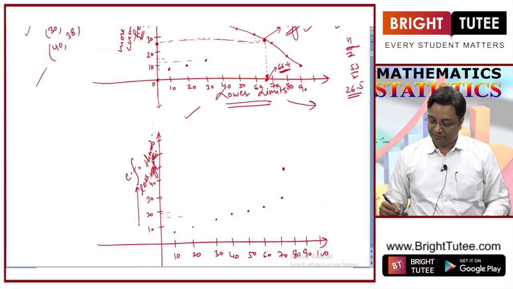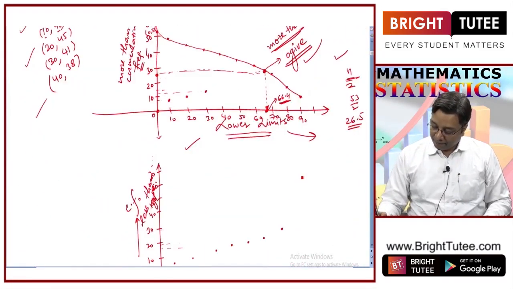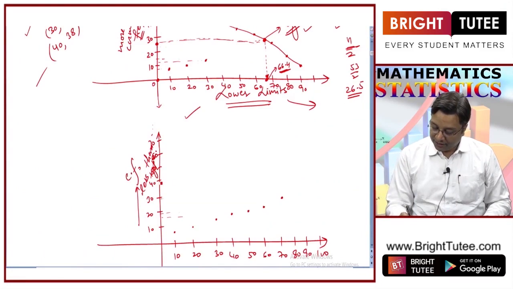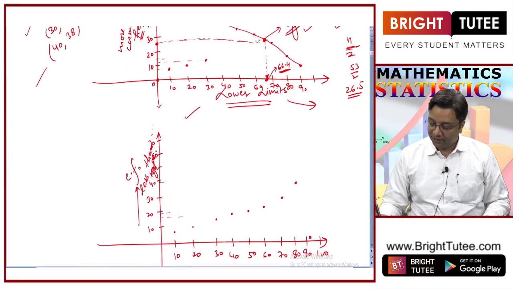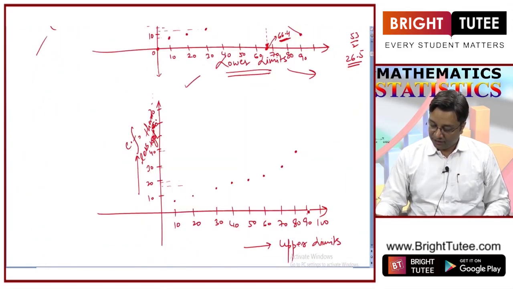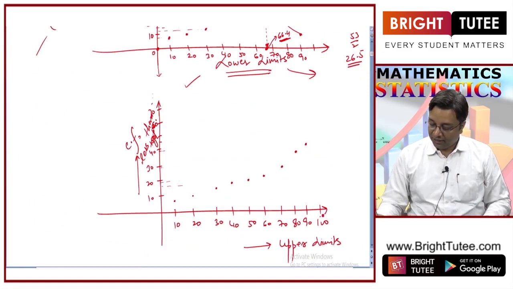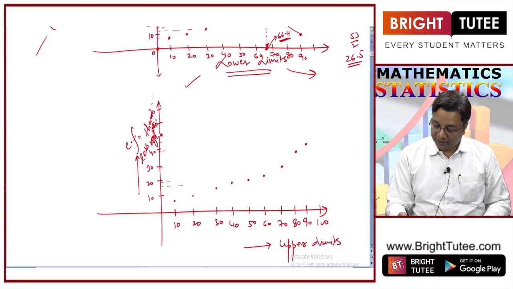Let it be here. 80, 38. This is 80 and this is 38. Right? 90, 45. So this is 90 and this is 45. So the point will be here. And 53. So the point will be somewhere here.